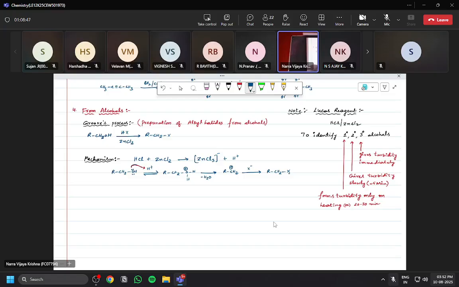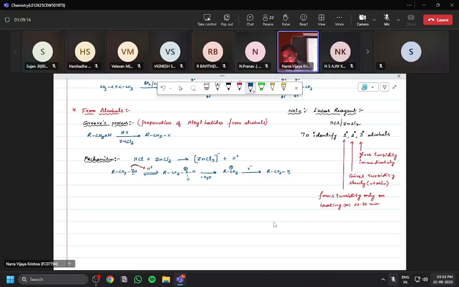So it is an example of SN1 mechanism. Tertiary alcohols prefer to undergo SN1, whereas primary prefer SN2. Secondary generally prefers SN1 unless there is any steric issue. Clear?